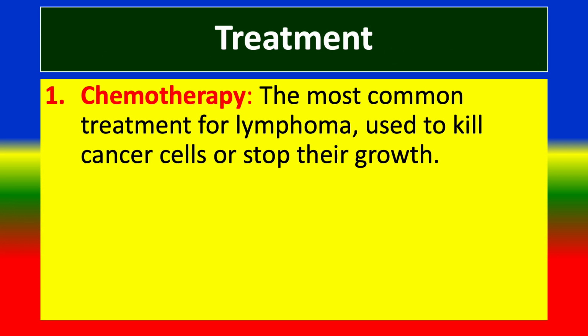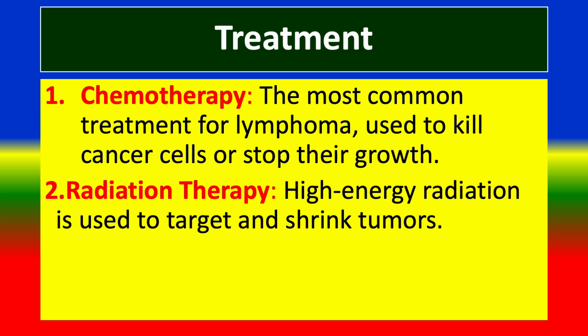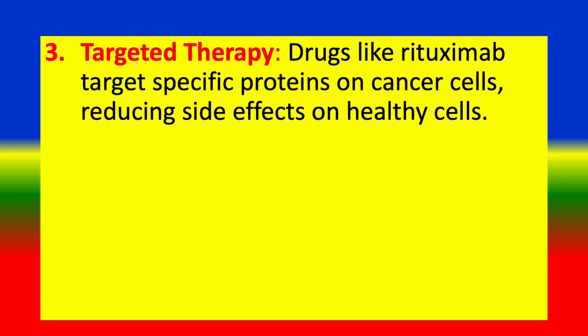Treatment. 1. Chemotherapy. The most common treatment for lymphoma, used to kill cancer cells or stop their growth. 2. Radiation therapy. High energy radiation is used to target and shrink tumors. 3.